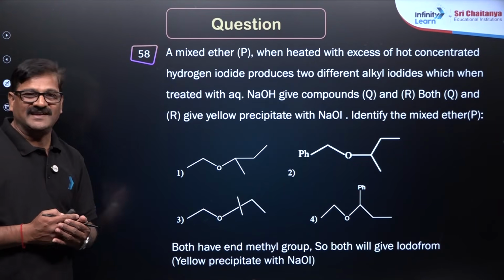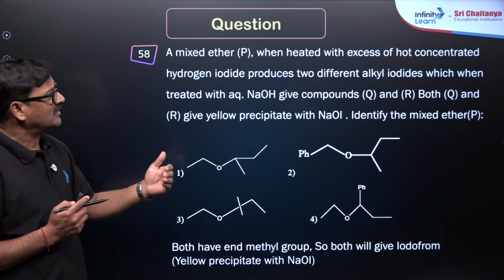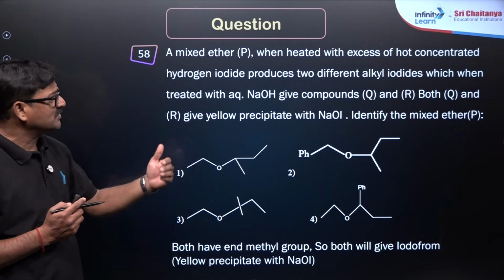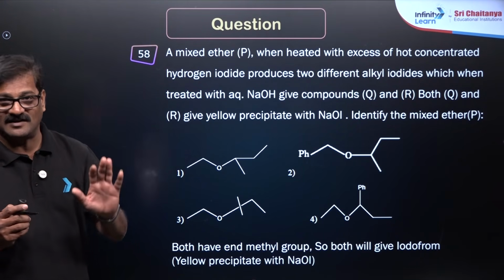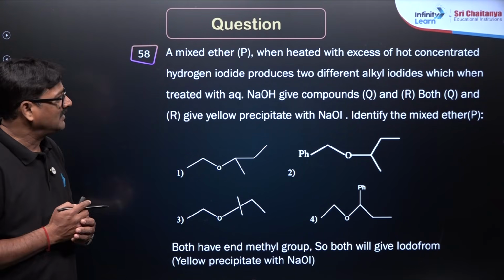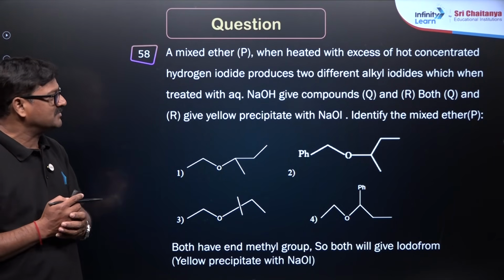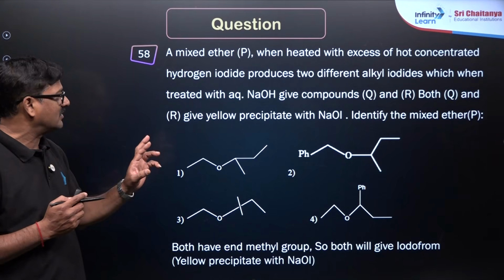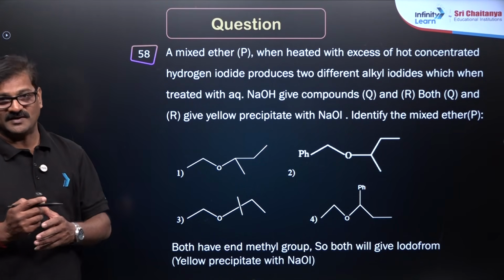Here is a question from the ethers. A mixed ether P, when heated with excess hot concentrated hydrogen iodide, produces two different alkyl iodides. Reaction with HI is given in the NCERT, you can use that concept. When treated with aqueous sodium hydroxide, it gives Q and R, and both Q and R give a yellow precipitate with NaOI. So they give the iodoform test.